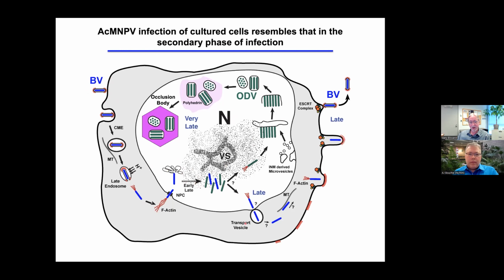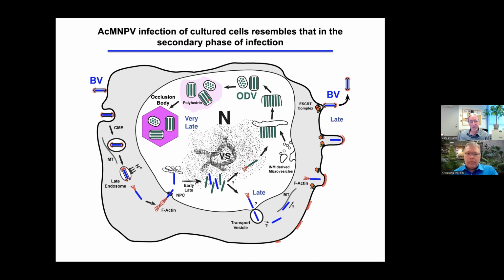And some of those leave the nucleus and make more budded virus, which helps move the infection from cell to cell. But some of those nucleocapsids also stay in the nucleus and become enveloped there to form this occlusion-derived virus particle. And then a protein called polyhedrin accumulates around those and then eventually crystallizes to make those occlusion bodies.